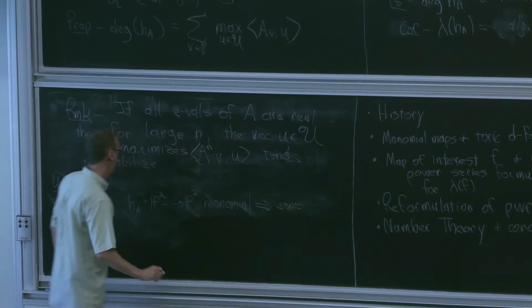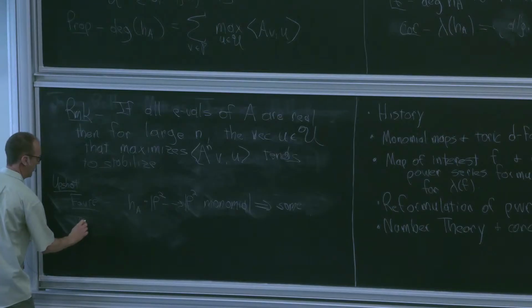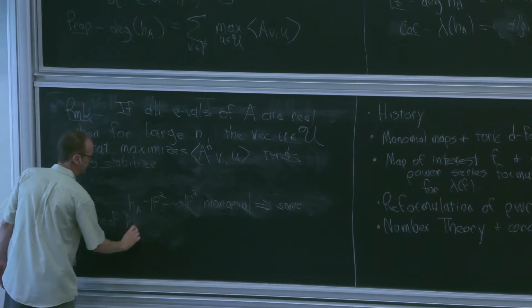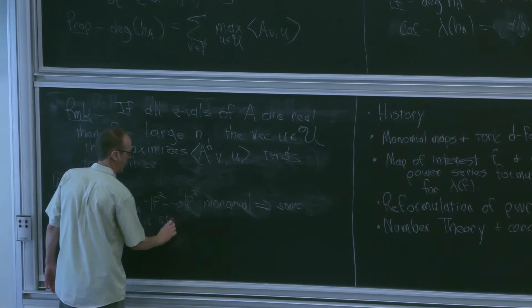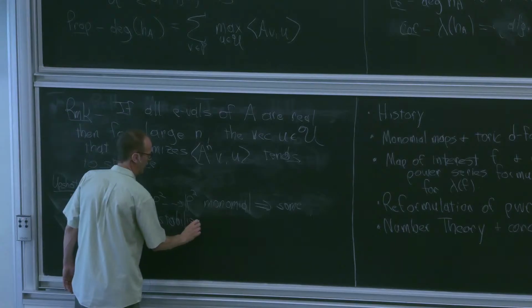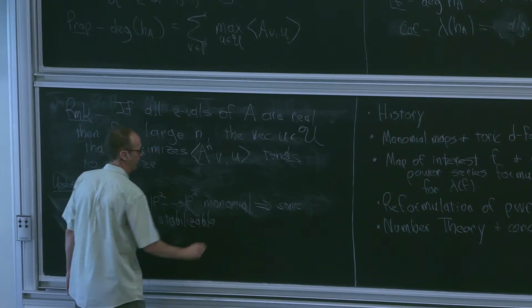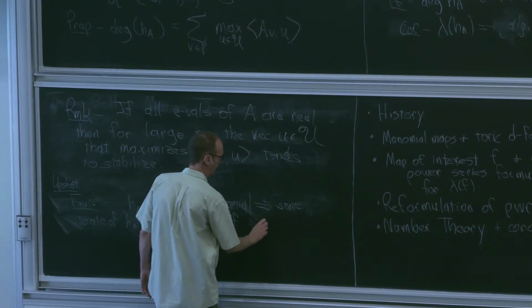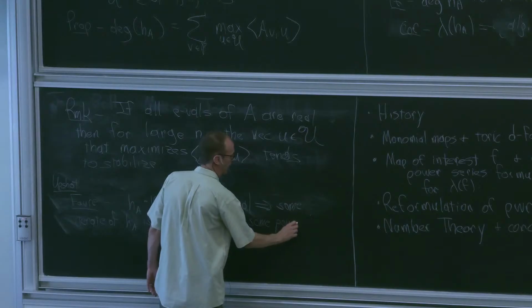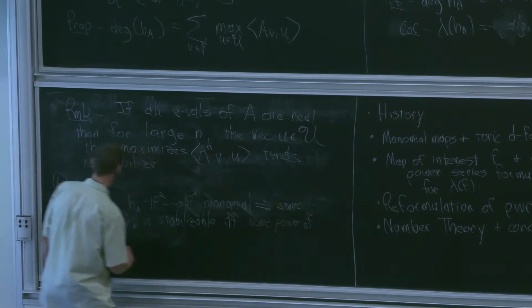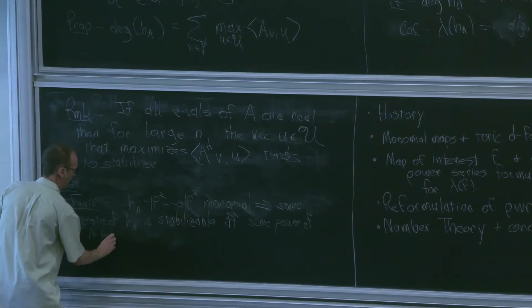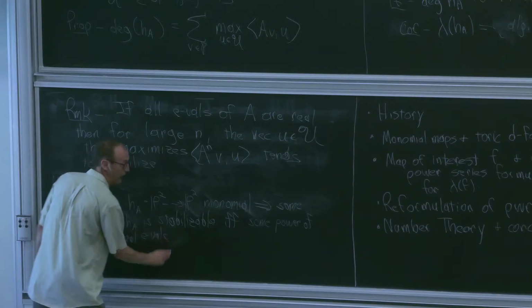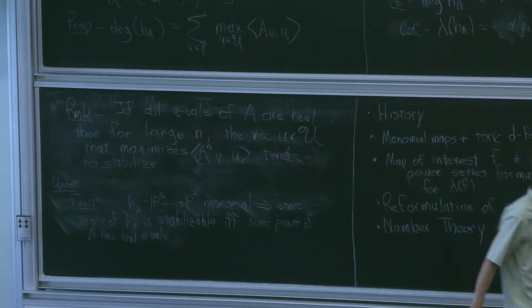Then some iterate of H_A is stabilizable if and only if some power of A has real eigenvalues. Okay?